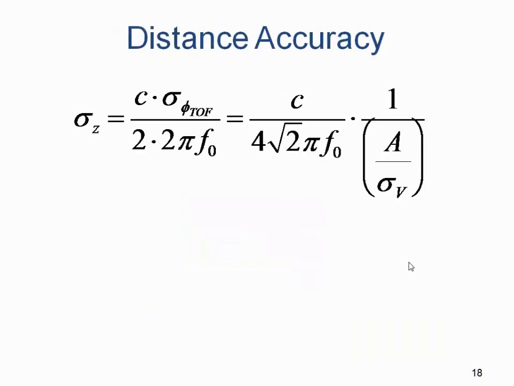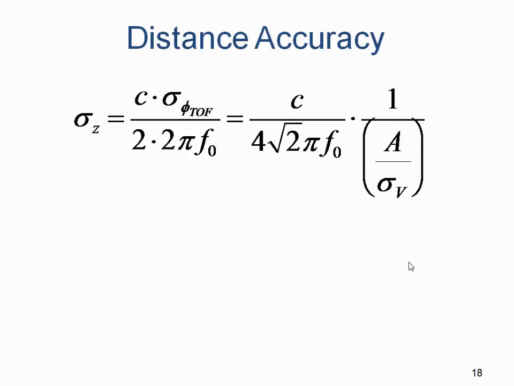What about the accuracy? Resolution is one thing, and it tells me the minimum distance at which I can see in depth to objects. But the accuracy tells me how accurate the actual distance that I measure is with respect to reality. It turns out that this is determined by the variability error introduced by the time of flight phase.